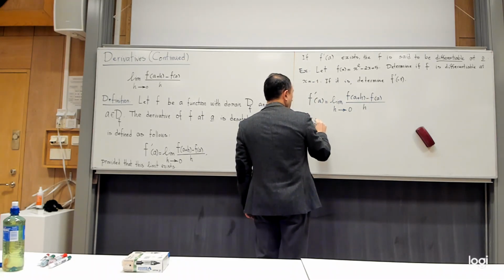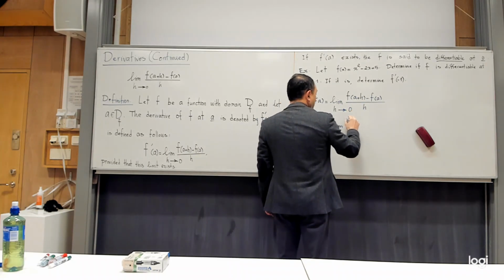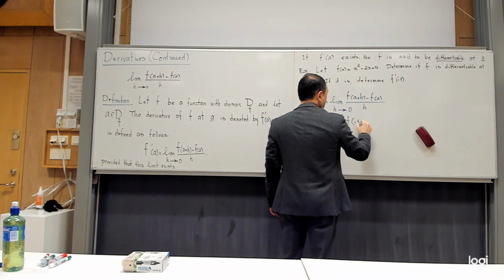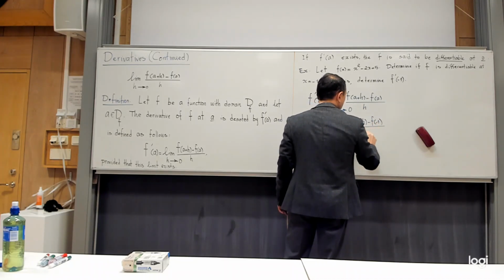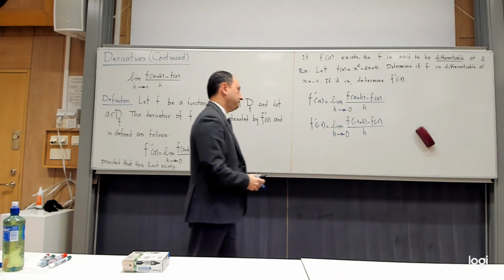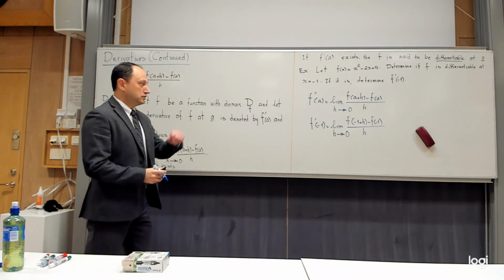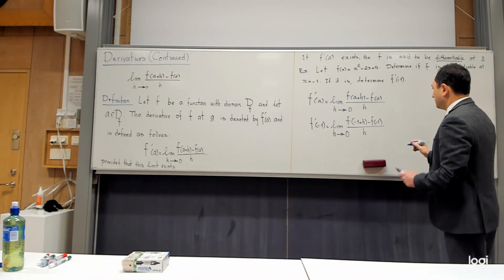So f prime of -1 becomes the limit of f of -1 plus h minus f of -1, divided by h, as h goes to 0. And then you have to calculate these things. What can I do here?